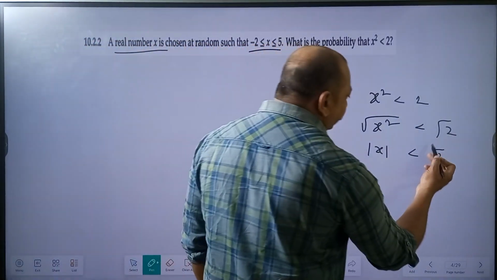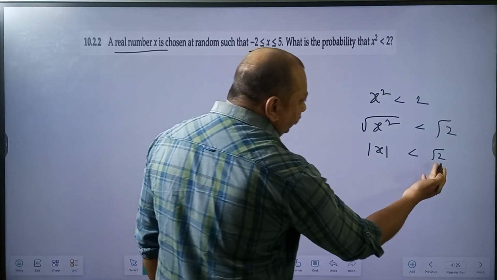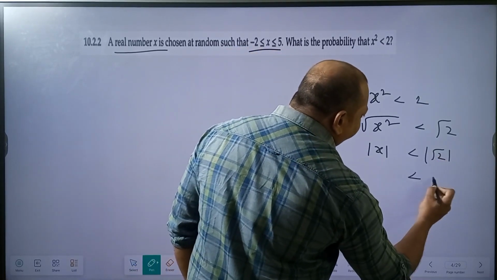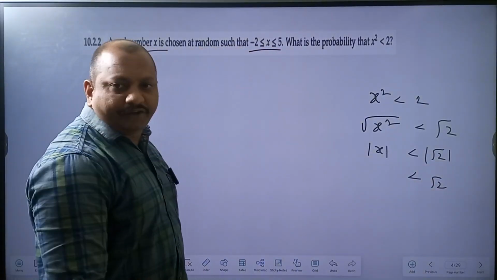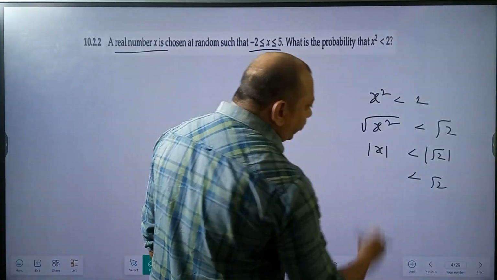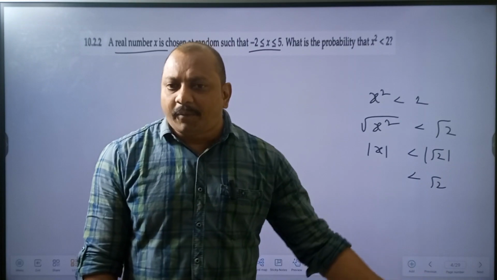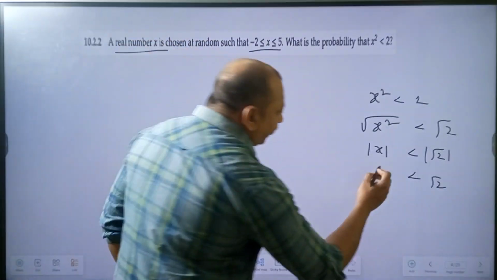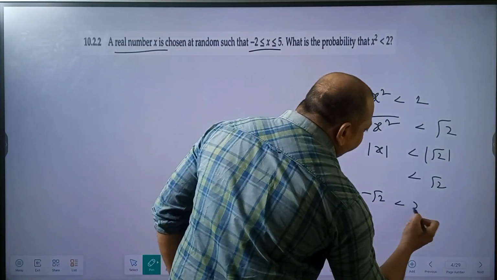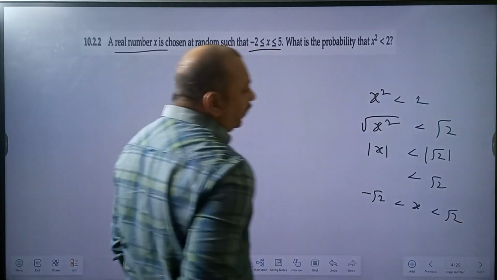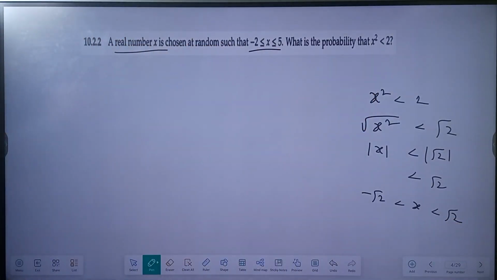Why? It is a positive number, no problem. We cannot write mod x is equal to x because we don't know whether x can be negative or positive. So from this we can write -root 2 less than x less than root 2. This is the corresponding inequality.